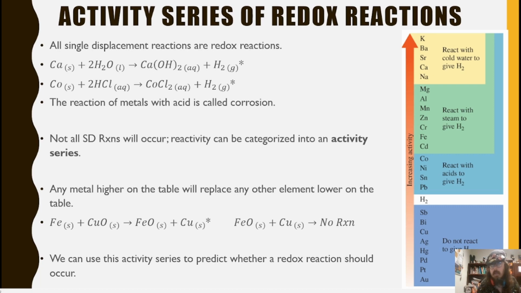Now, please note one last thing here. I just want to point this out. Note zinc and iron. They're pretty close together, but zinc is above iron. Iron is our steel, our products that we're going to use to build buildings with, and we want to stay around for a period of time. So one way to protect it is we coat it with a more reactive metal. That will be a sacrificial anode.